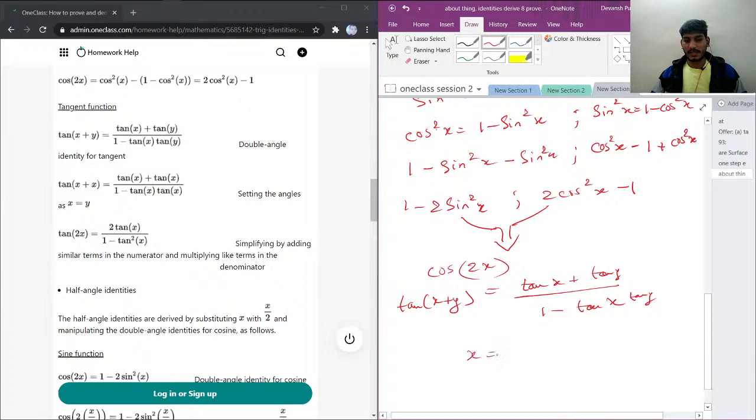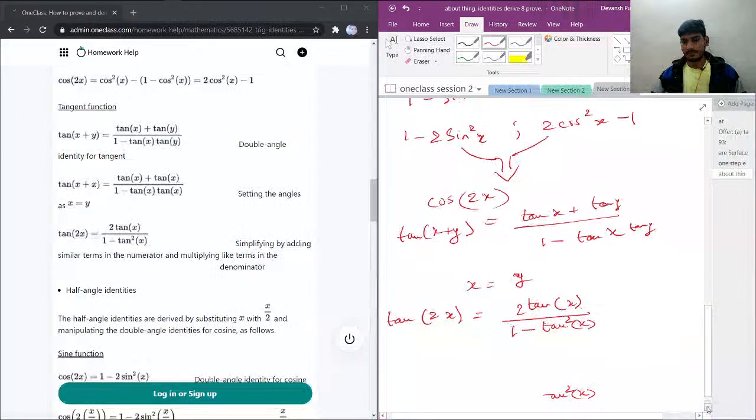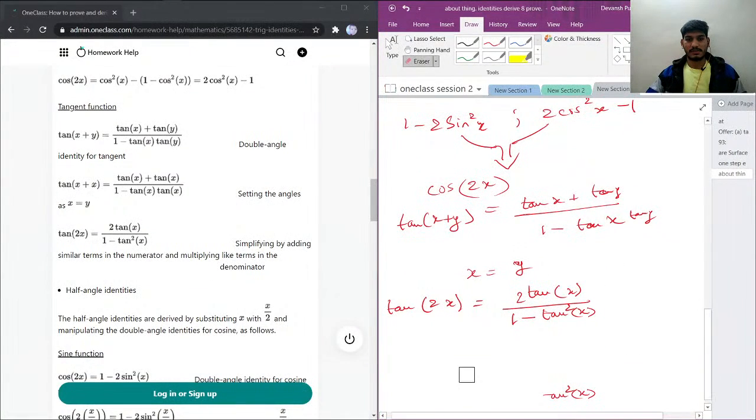Again, if I keep x equals to y, I will get tangent of 2x as 2 times tangent of x over 1 minus tangent square of x. Oh god, this.